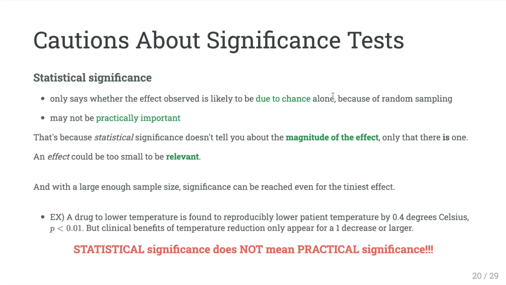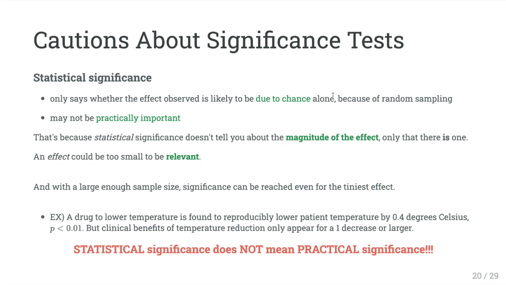So with a large enough effect size or a large enough sample size, significance can be reached even for the tiniest effect. So if I have a sample size of 1 million, even a really, really small effect will still be significant. Now, another example, a drug to lower temperature is found to reproducibly lower patient temperatures by 0.4 degrees Celsius.